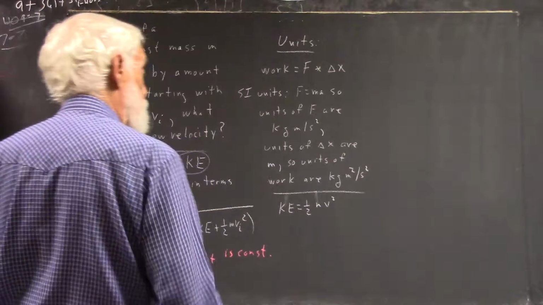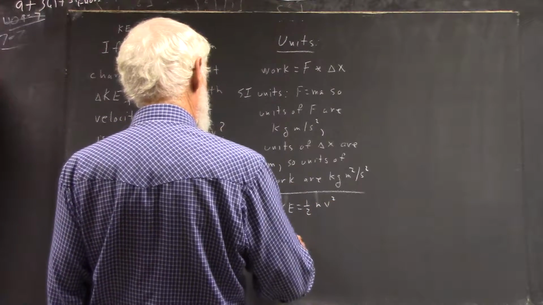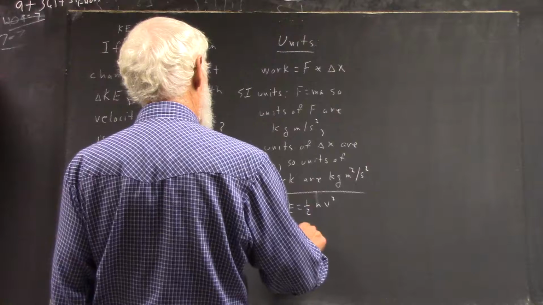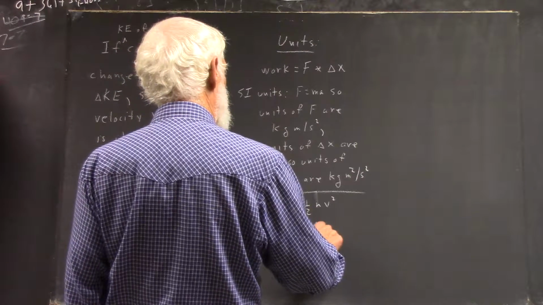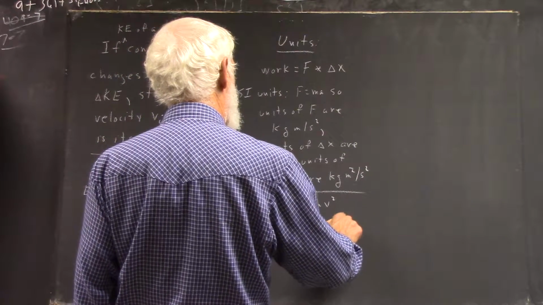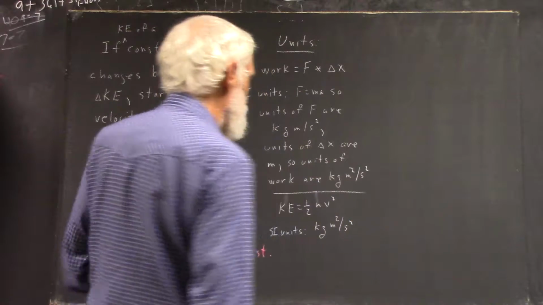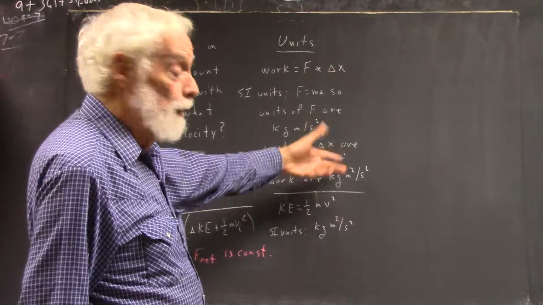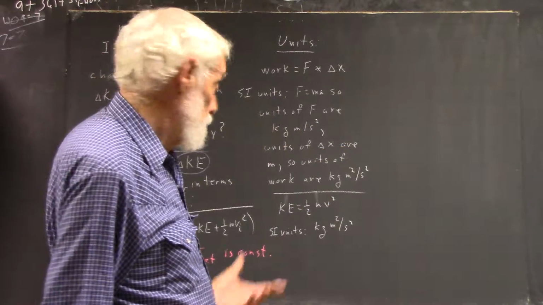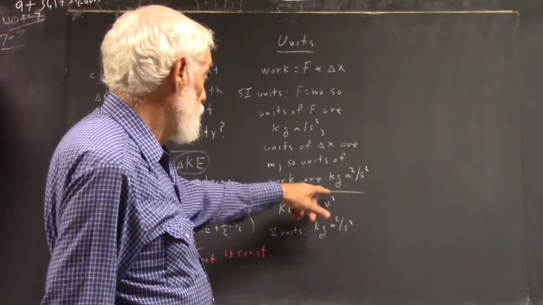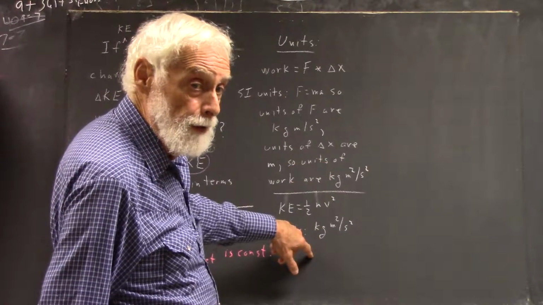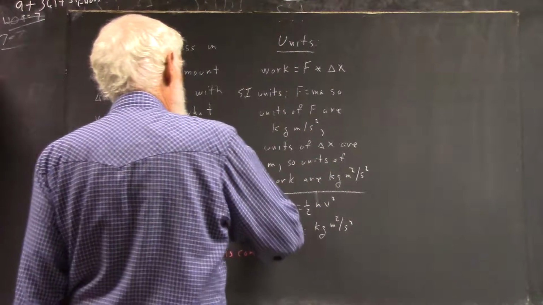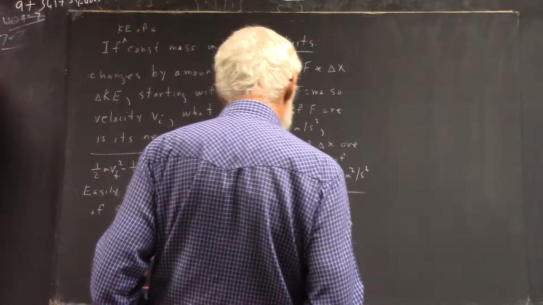It's very obvious, we know what the units of mass are and the units of velocity. The velocity is a meter per second. Squaring that, we get meter squared per second squared. And then that's multiplied by the kilogram. So the units of work and kinetic energy are the same.